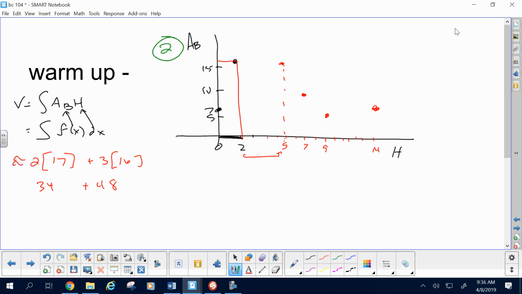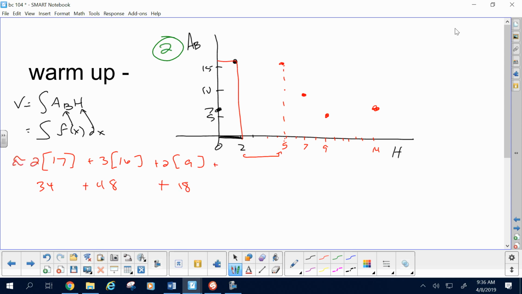What about the next delta H? 2 times the cross-sectional area of 9. Why do the units seem to make sense here for volume? What are the units on cross-sectional area? Units squared. And what's the height each time, or delta H? Units. Well, units squared times units give me volume each time? Yeah. So that's 18.